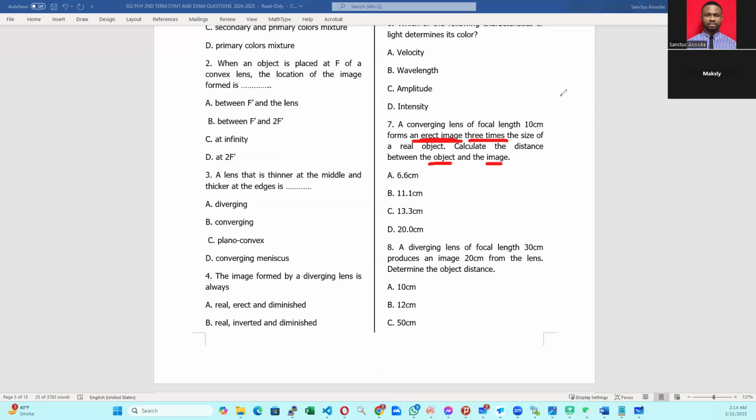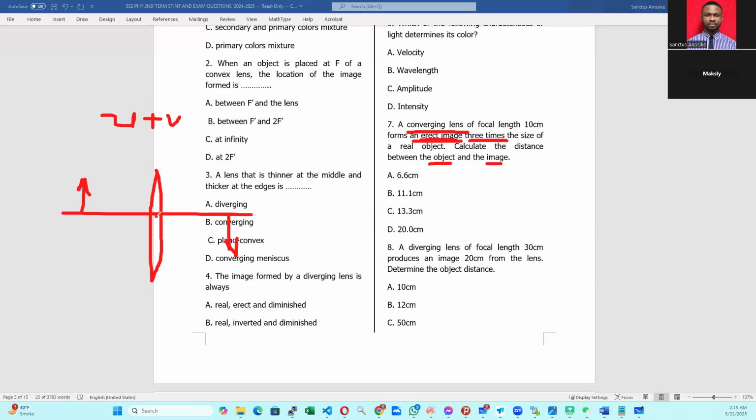So another thing you need to also know is that if an object is real for a converging lens, the distance between the object and the image you're going to add. You're going to add because if this is a converging lens, for instance, and the image is real, just like the one we just drew now, you see that the object is upright here and the image is inverted somewhere here.